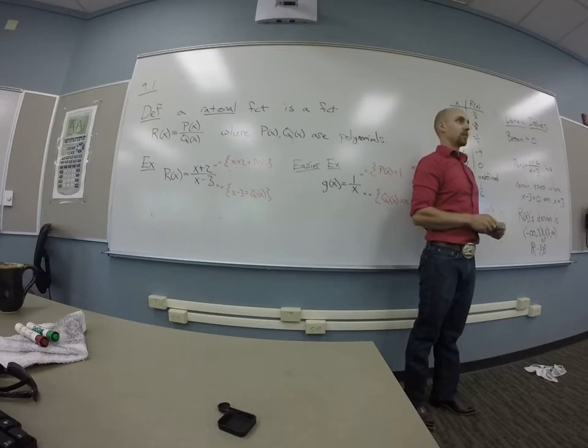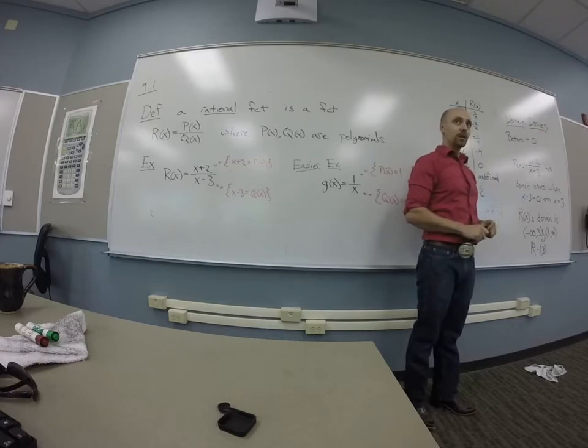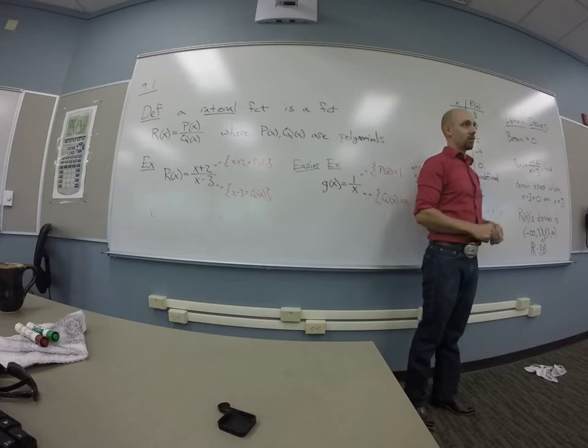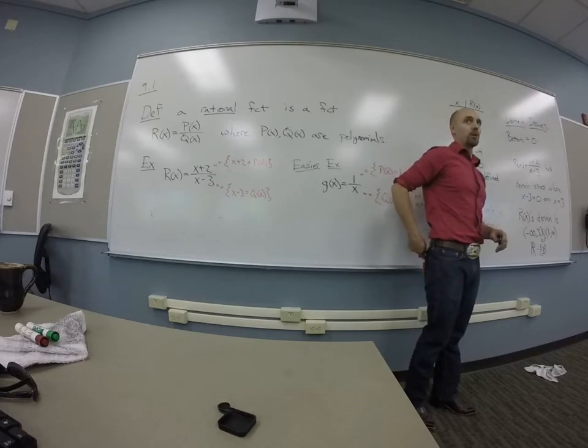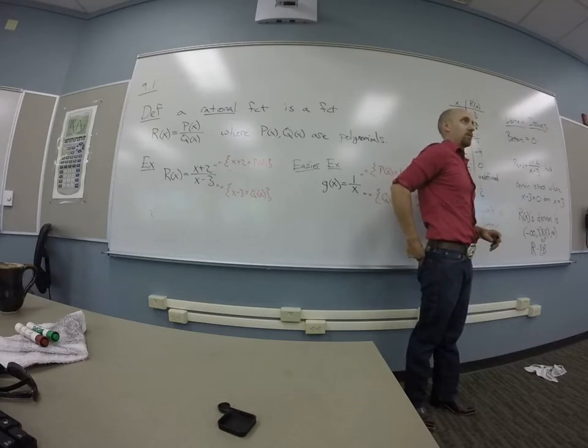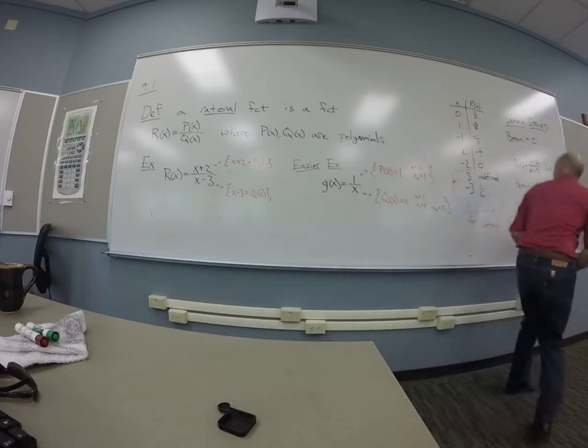Cool? So what's the take home? Rational functions are polynomial over a polynomial, right? And then we can spot the domain by it's all the stuff where the bottom isn't 0. You guys want to try one? Another one? Yeah. Okay. Let's try another one.